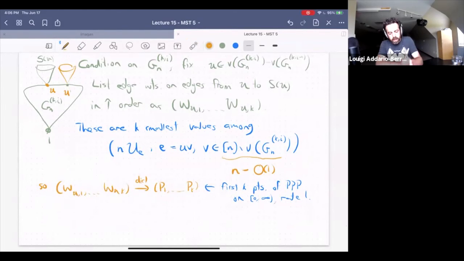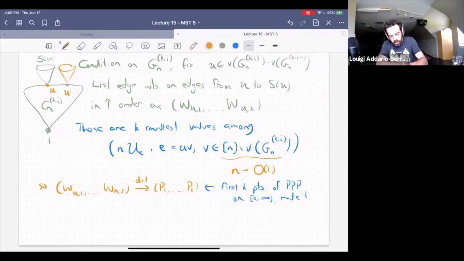Conditionally on what we've seen so far, the symmetry of the graph means the smallest weight edges just go to uniformly random locations in what remains of the complete graph. So this is just like a uniform size k subset of what's left, this is another uniform size k subset of what's left, and k is of order 1. So with high probability, those two aren't going to touch one another.